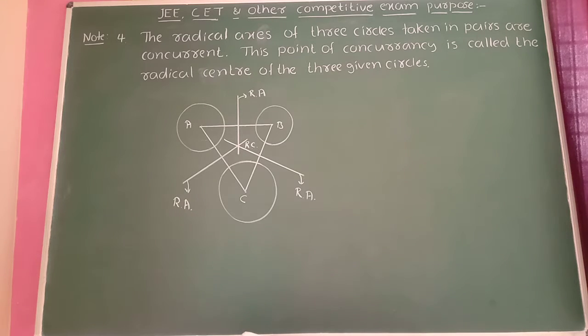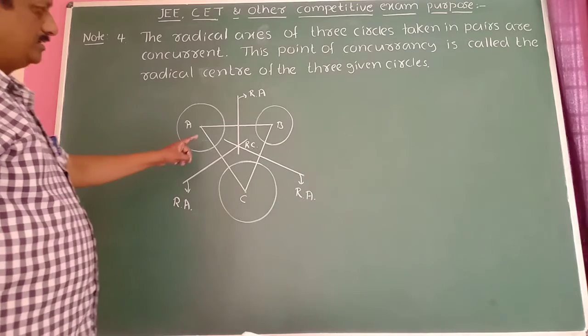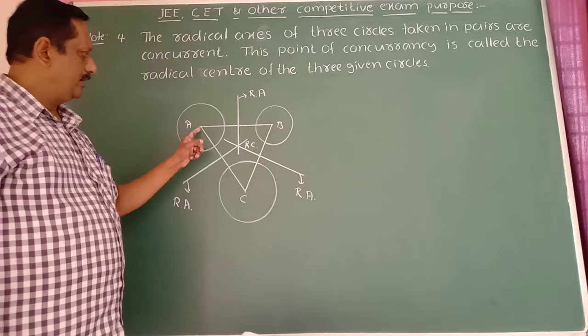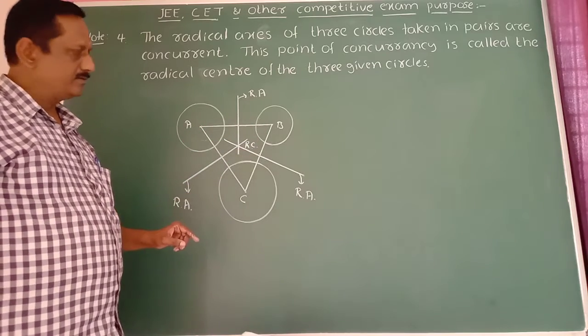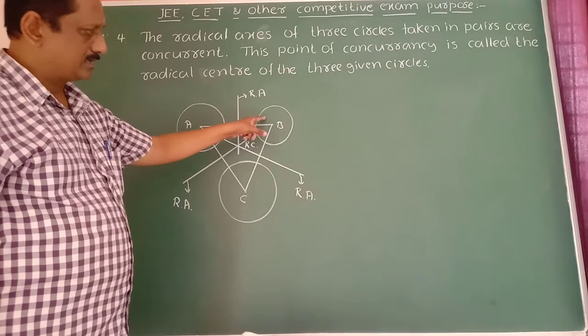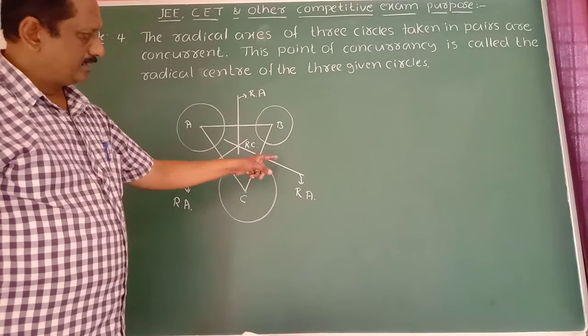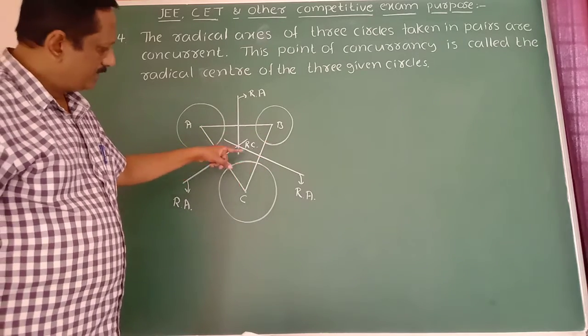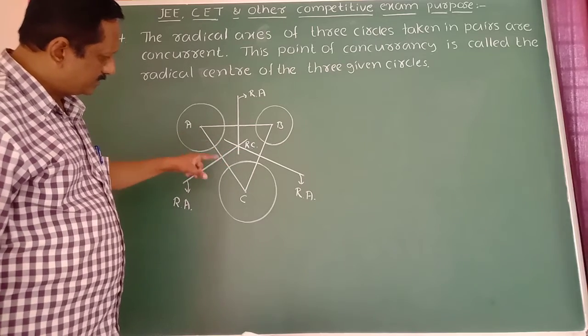Fourth note: the radical axes of three circles taken in pairs are concurrent. The point of concurrency is called the radical center of the three given circles. So these are the three circles, and A, B and C are the centers. This is a radical axis of the first two circles, this is a radical axis of these two circles, and this is a radical axis of these two circles.